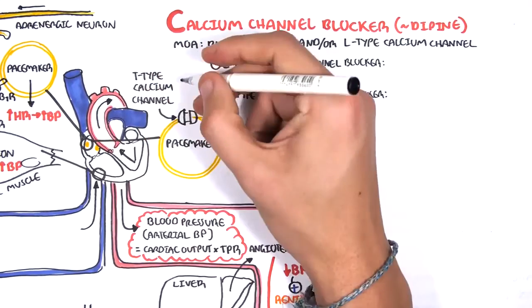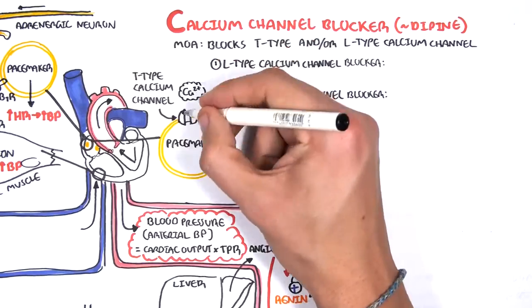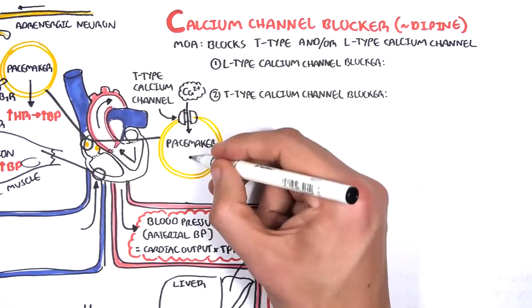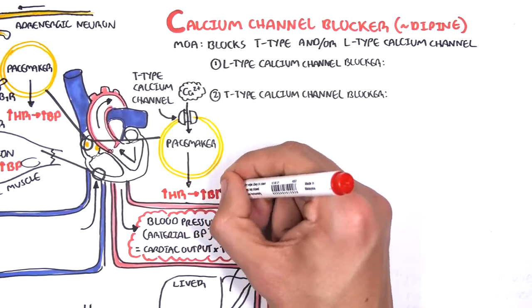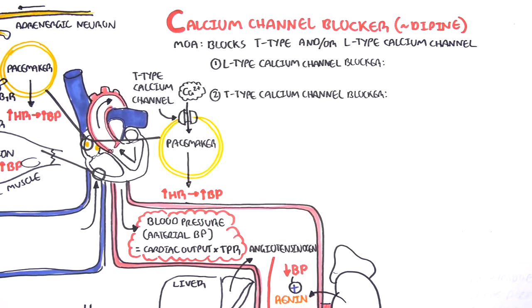Calcium activity in the pacemaker cells causes the heart to pump faster and so contributes to increasing the blood pressure. Think of T-type calcium channels as time, so T for time, because the pacemaker cells of the heart control the heart time, the heart rate.